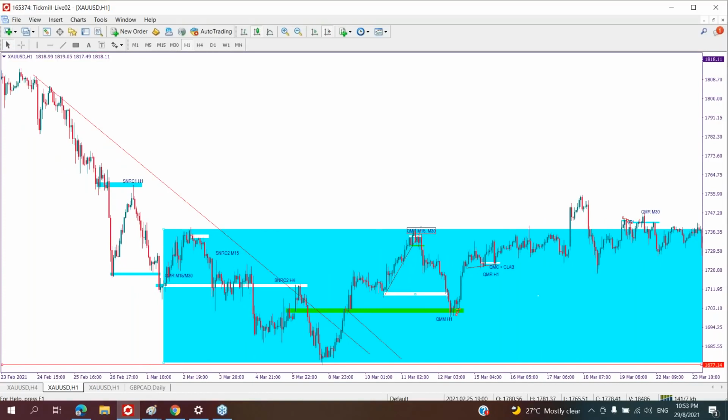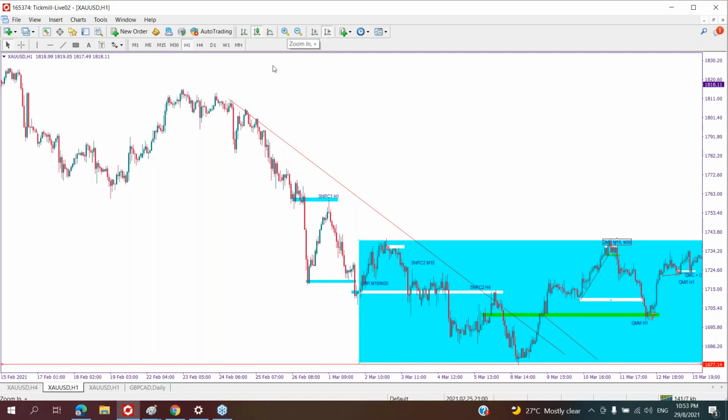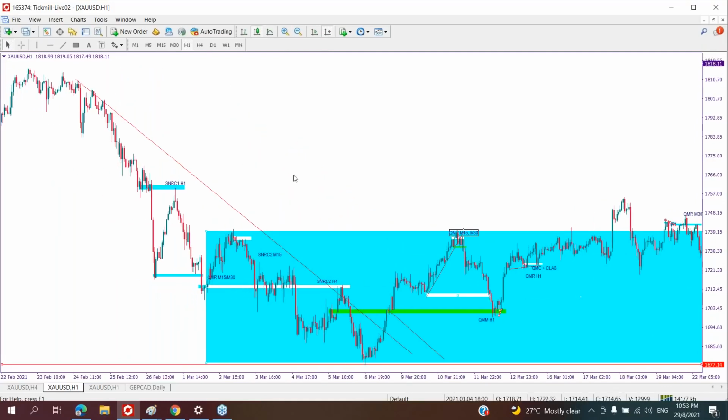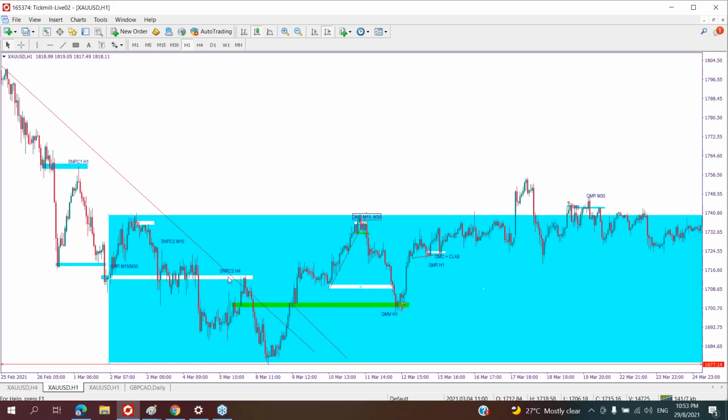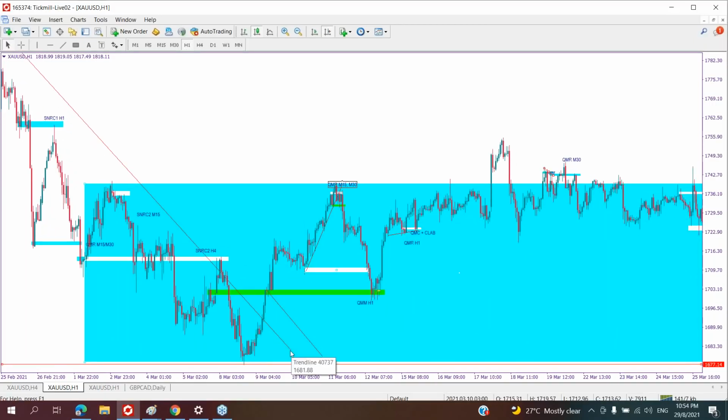If QMR is in an uptrend, like here, yes, we can consider sell, but here price is in a demand zone, and we should buy in a demand zone, but instead of buying, the price is making a false setup in the demand zone. You have to be suspicious when the price makes QMR at the lowest price.